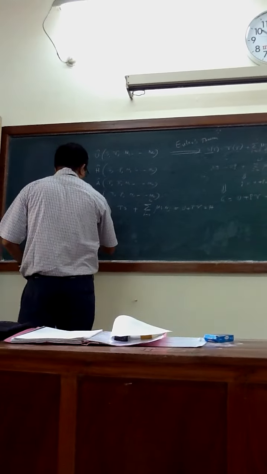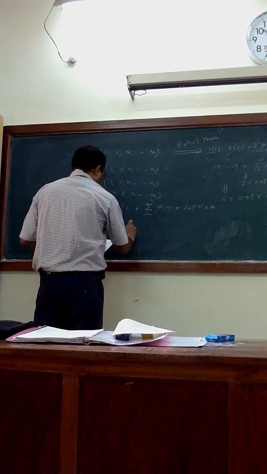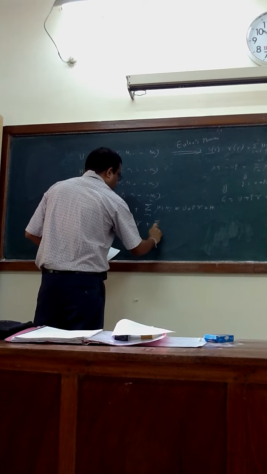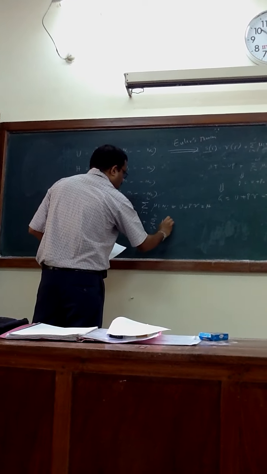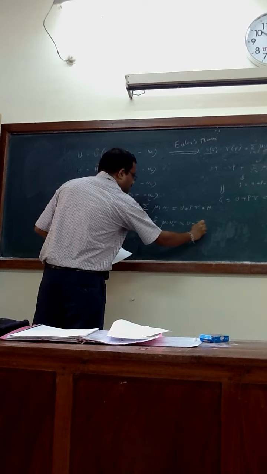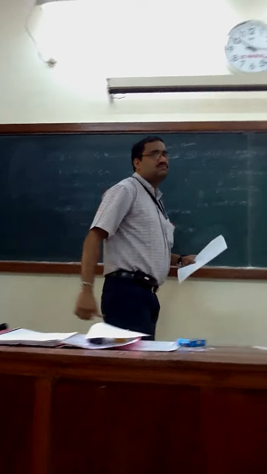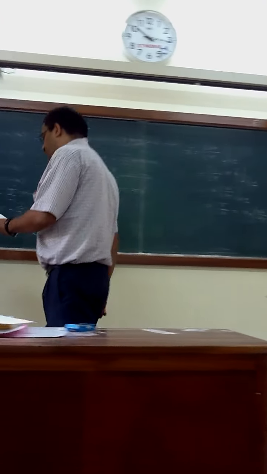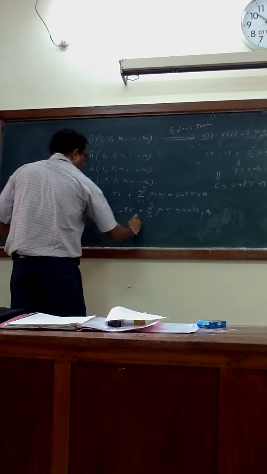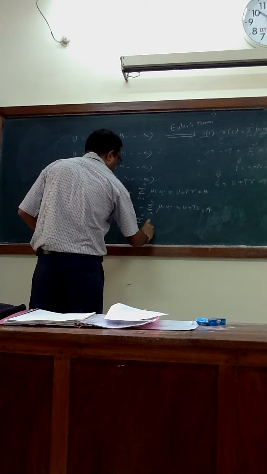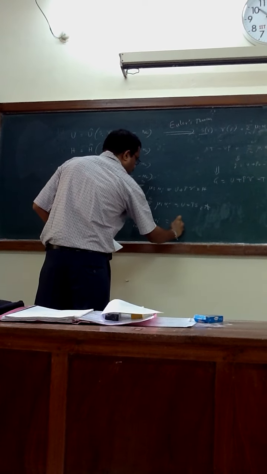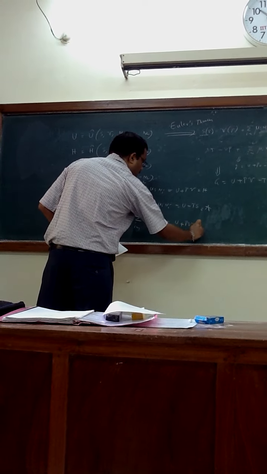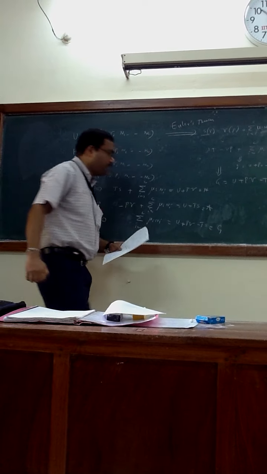From equation A, one can also write minus PV plus summation i equals 1 to C of mu_i n_i equals U minus TS equals A. From equation A, one can also write summation i equals 1 to C of mu_i n_i equals U plus PV minus TS equals G.